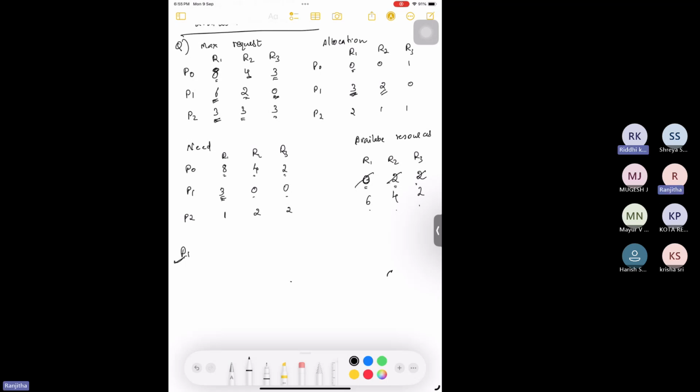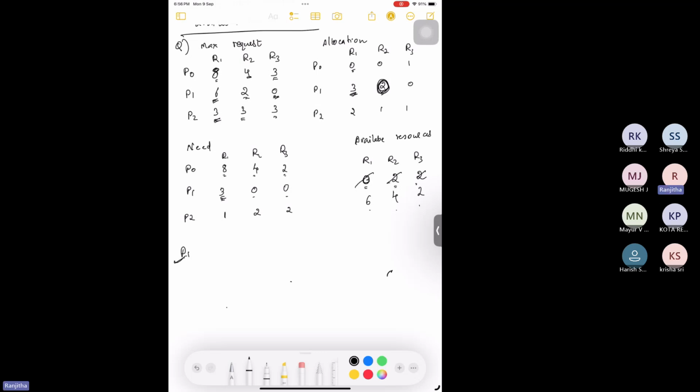Ma'am, how does resource 2 become 4? R2, because P1 already had 2. P1 was given 2. P1 was holding 2. So when P1 completes its execution, this 2 will also come to the list of available resources.